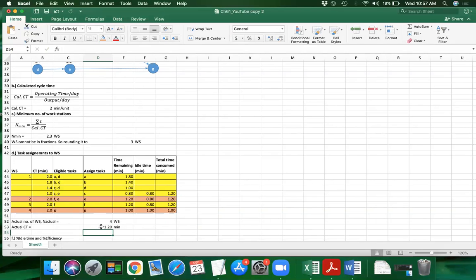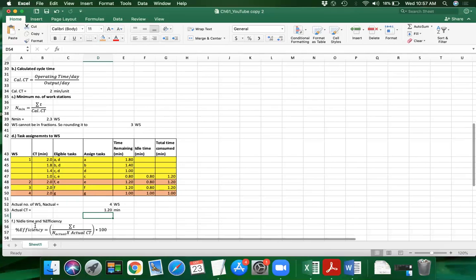Cycle time, in other words, is also the maximum time that you are going to spend at any workstation, because that workstation will determine the output rate. That workstation is the bottleneck, because it's consuming the most time, and that will establish the output rate of the line. So actual cycle time, we calculated it.